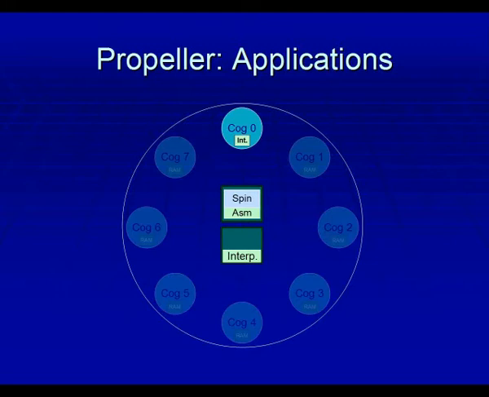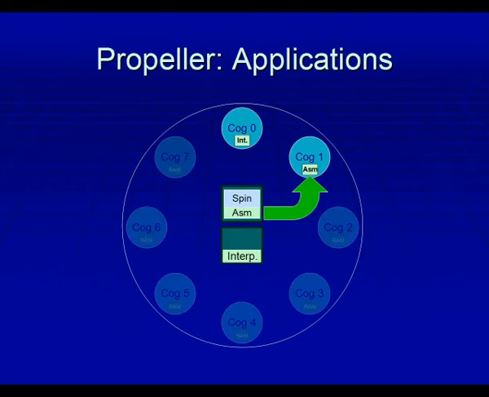Okay, and then if the Spin application decides to launch another cog, perhaps a cog to run some assembly code, this is where things get a little bit different. The Propeller starts up another cog and loads up the actual assembly code directly from the application in the main RAM into the cog that was started.